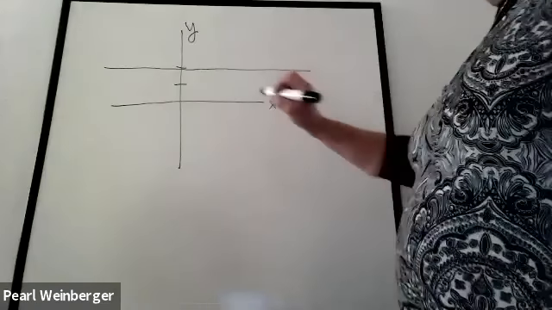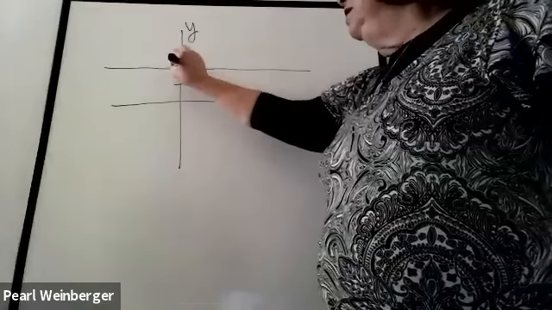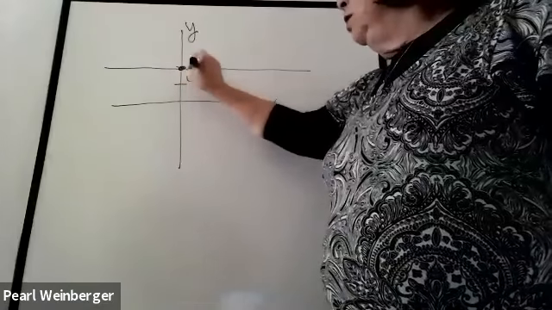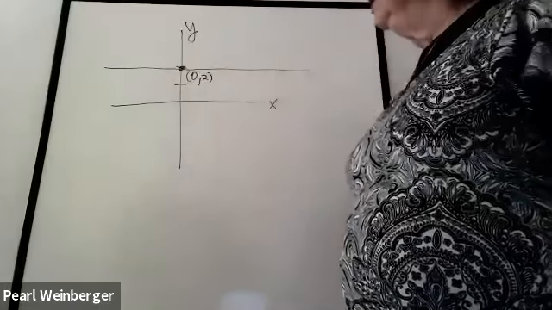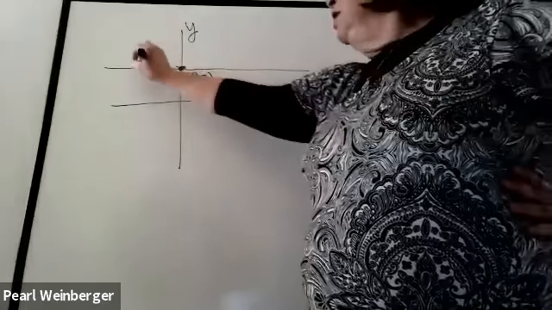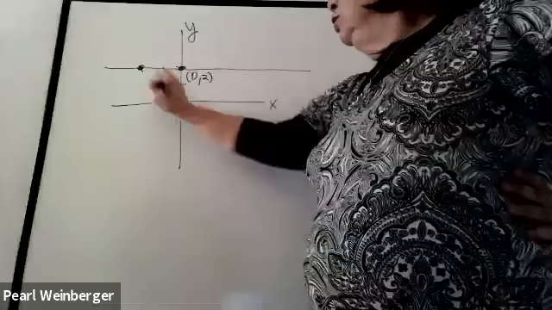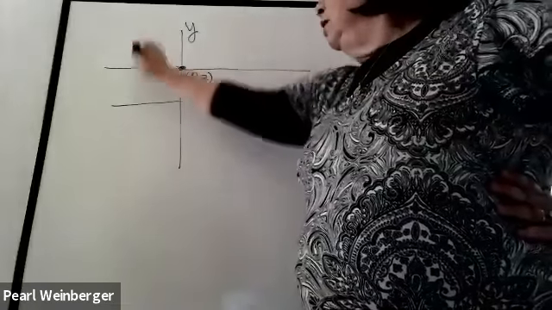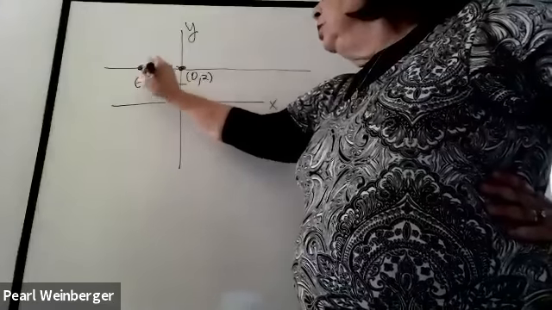If I look at some of the points that would be on this line, obviously this is the point 0, 2, because it's on the y-axis. So the x is 0, the y is 2. If I look at this point, this is the point 2 to the right and 2 up. I mean 2 to the left, negative 2, 2.